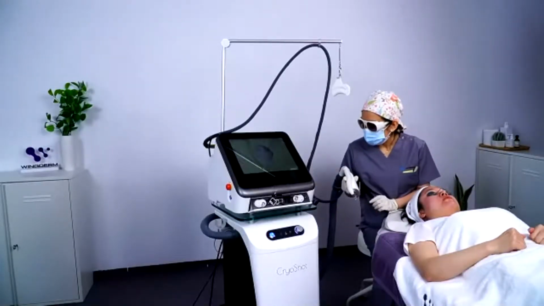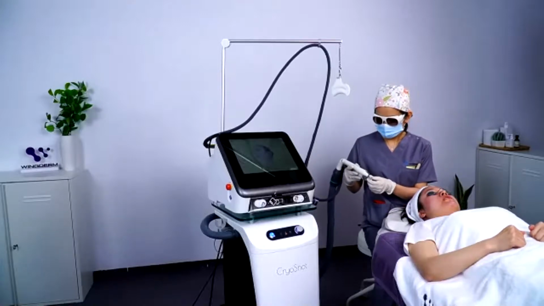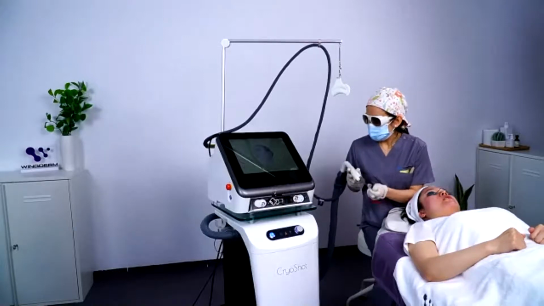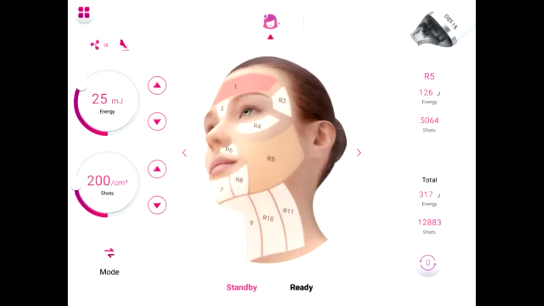Now we use the roller tips for the other parts. Set the parameters. We use the large OST 15 to do the large part with roller tips.